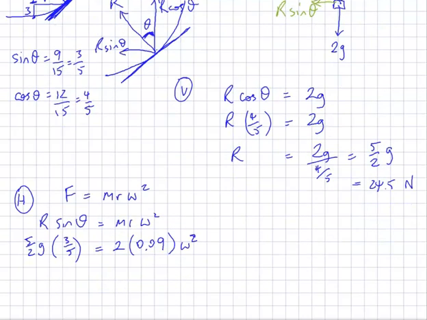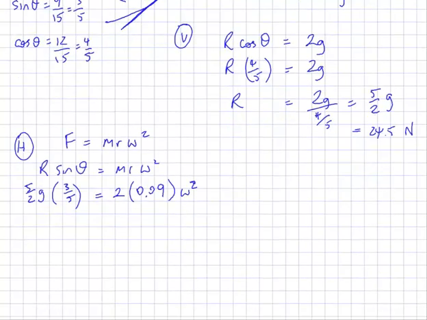Now if we fill in all the values that we know, one thing to be very careful of is the measurements, the distances. It was 15 centimeters and 3 centimeters, so my radius is actually in centimeters. So it's not 9, it's 0.09 that I'm going to insert into this. If we work this through to get omega, omega squared first of all ends up being 3/2 lots of g, all divided by 0.18.